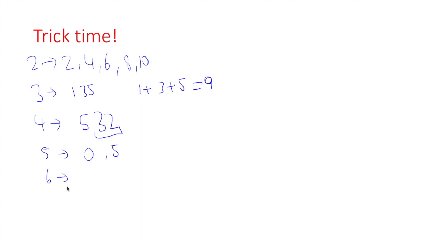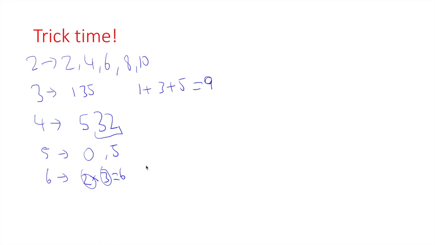6 is quite cool because here you combine a trick from 2 and 3. Why is that? Because 2 times 3 equals 6. So if a number is a multiple of 2 and a multiple of 3, then it's a multiple of 6. So you check if it ends in one of those even digits, and then you add up the digits, and if this gives you a multiple of 3, that means it's a multiple of 3 and a multiple of 2, so it's therefore a multiple of 6.